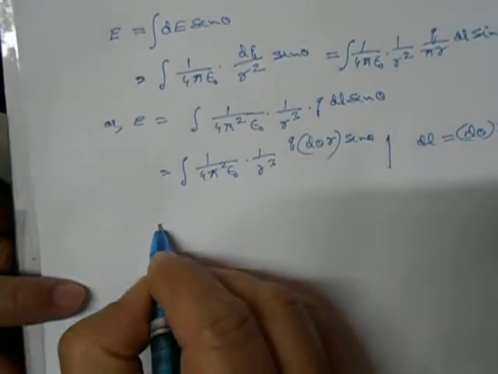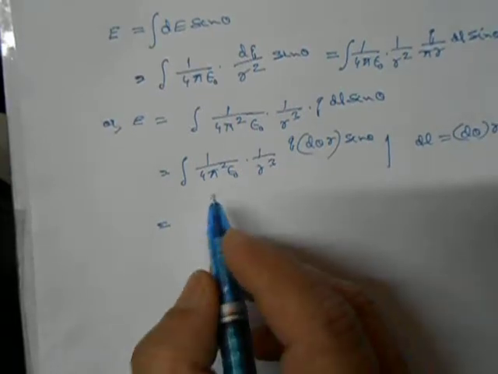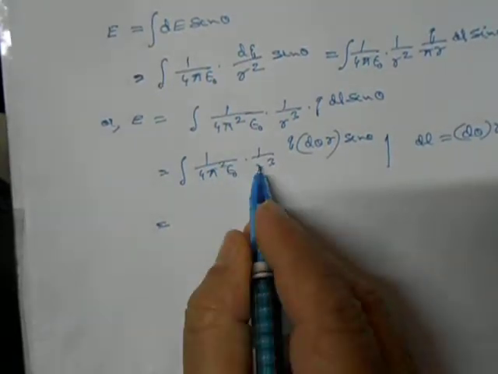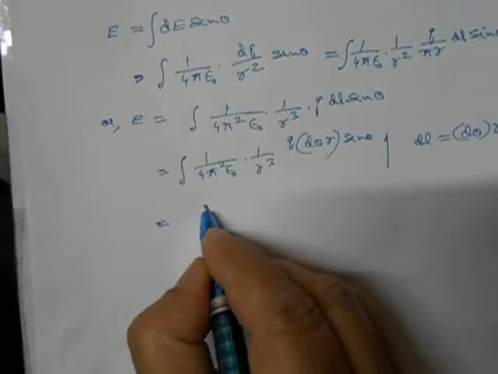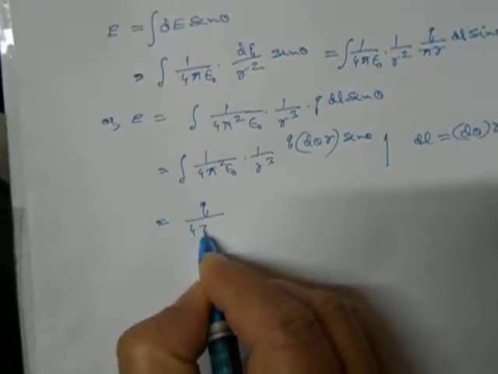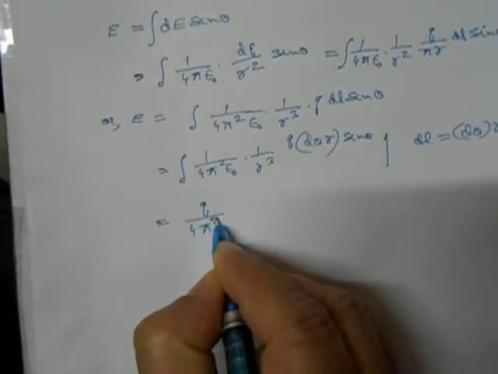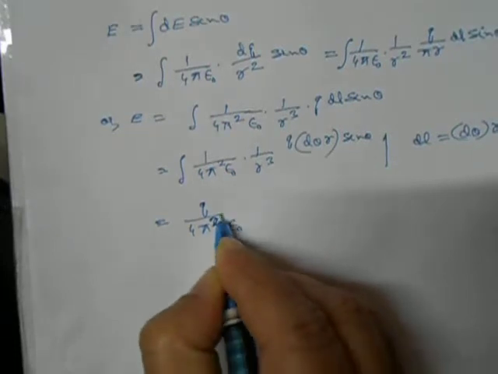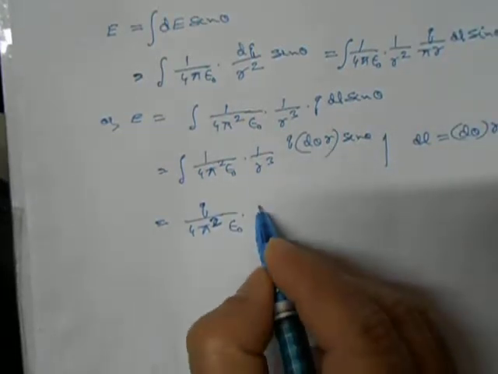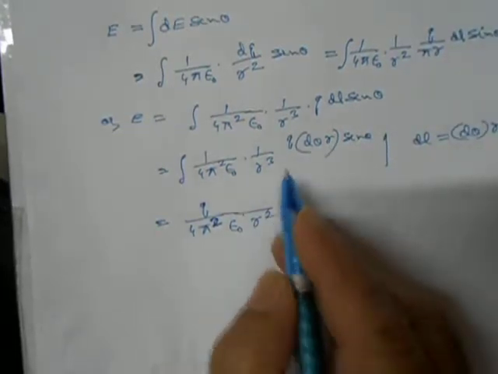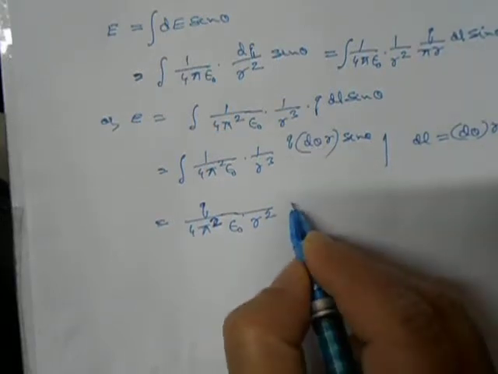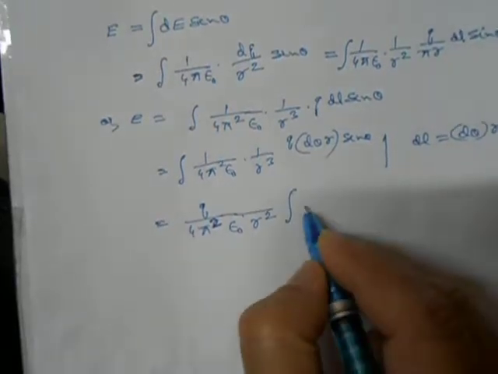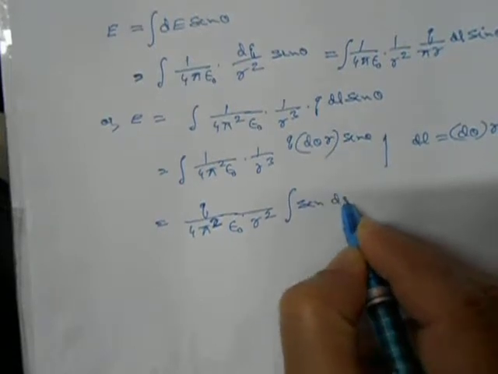Next step: when you integrate, this is constant, so let me bring it outside. Q is constant, so Q comes outside, 4 pi epsilon naught comes out. 1 r gets cancelled, so this will be r square here. We are left with sine theta d theta.